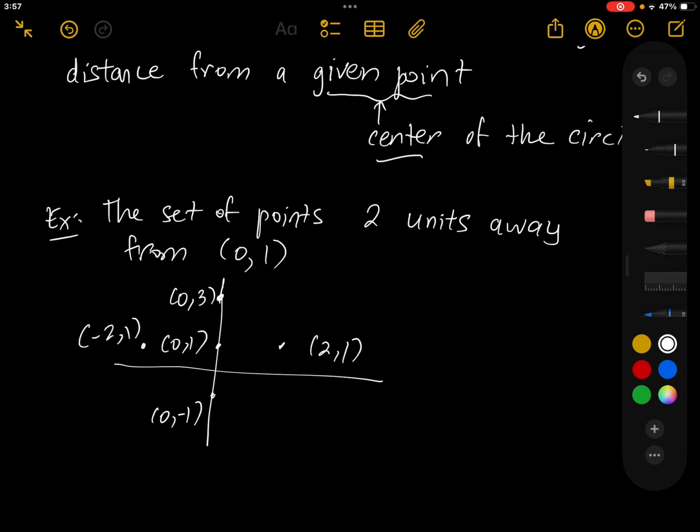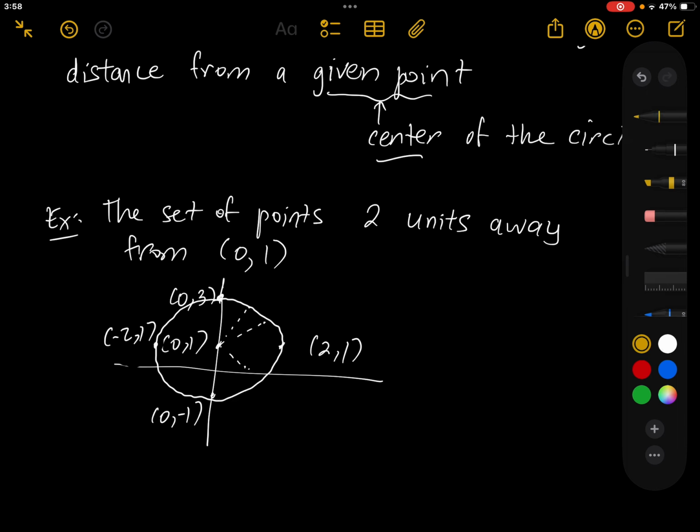But then you also have points that are 2 units in any direction. So you have 2 units in this direction, 2 units that direction, 2 units in that direction, every direction. So if you plot all the points that are 2 units away, it's going to look like that.